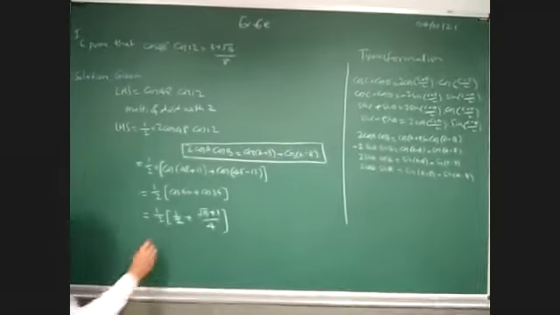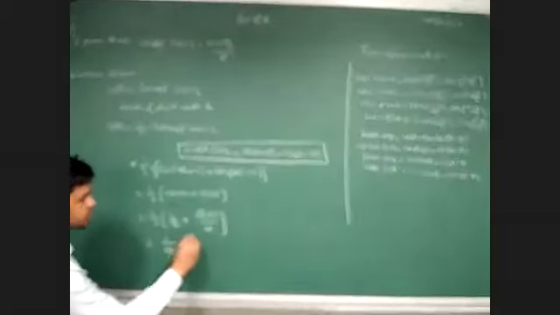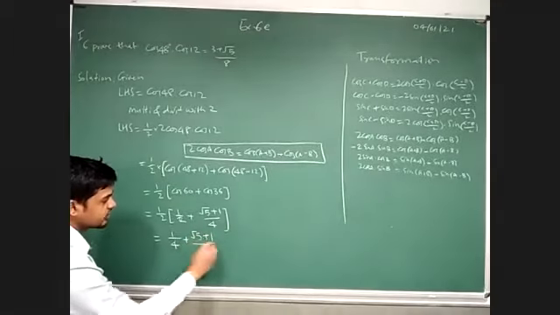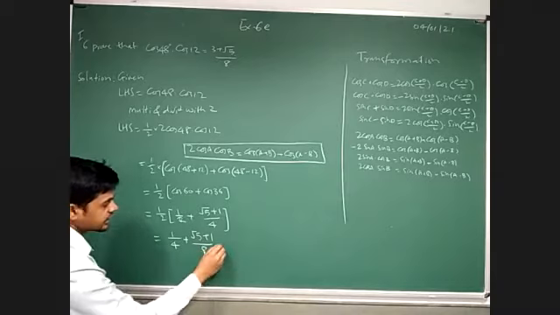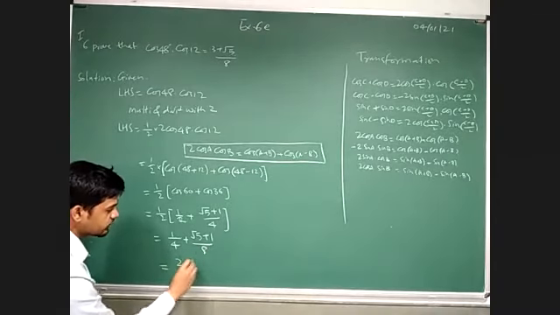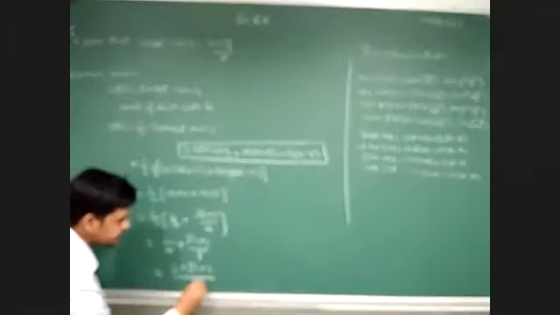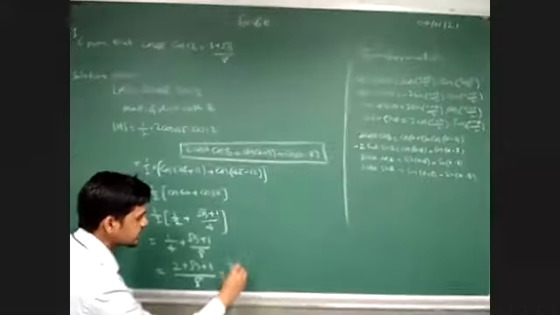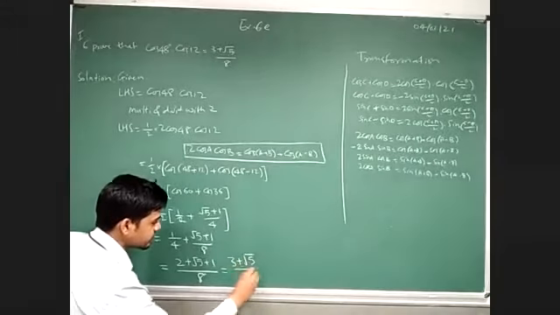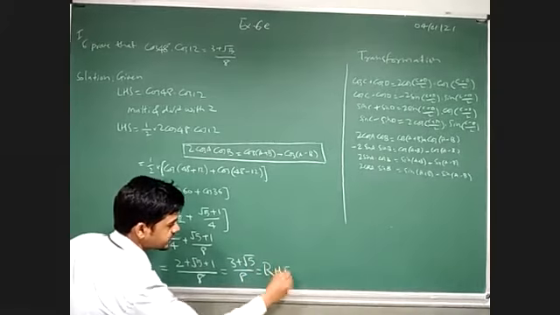So you will get 1 by 4 plus (root 5 plus 1) by 8. Now take LCM, then you will get (2 plus root 5 plus 1) by 8, that is nothing but (3 plus root 5) by 8, that is the right hand side.